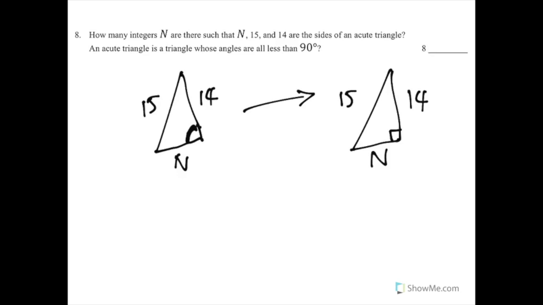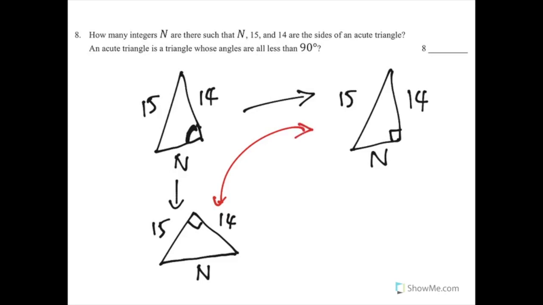And for our higher limit, we have that if the angle between 15 and 14 reaches 90 degrees, then this is the upper limit. And so basically you want to see what are the allowed values between these two extremes. And using the Pythagorean theorem, we can easily find our limits here.